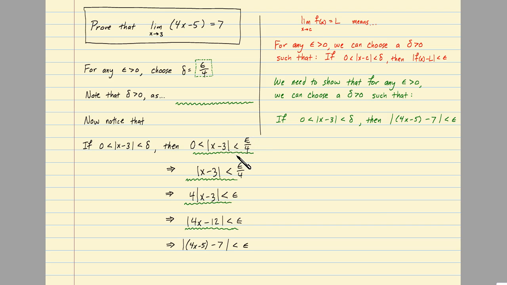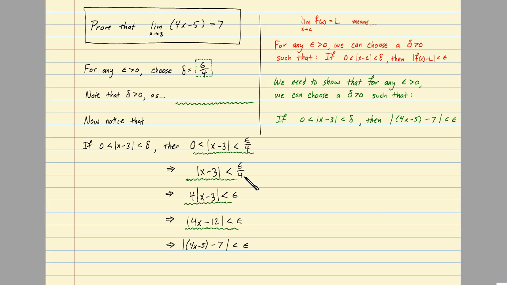And if we have this, we certainly have this. All we're doing is ignoring the fact that it's bigger than 0. Okay? So we've connected the two pieces. If this is true, then this is true based on our choice of delta. If this is true, this is true, because we're just ignoring this inequality involving 0.